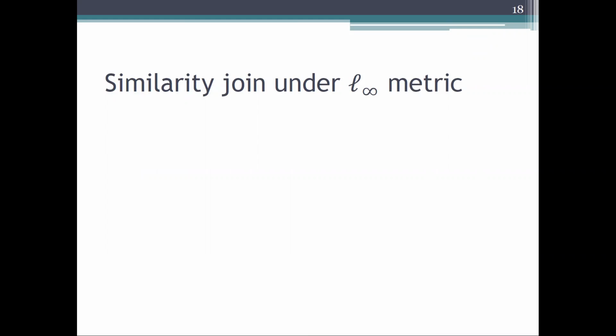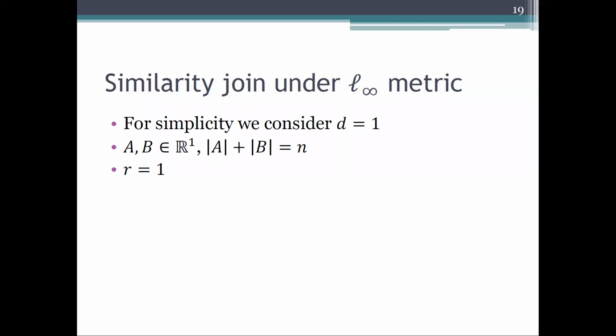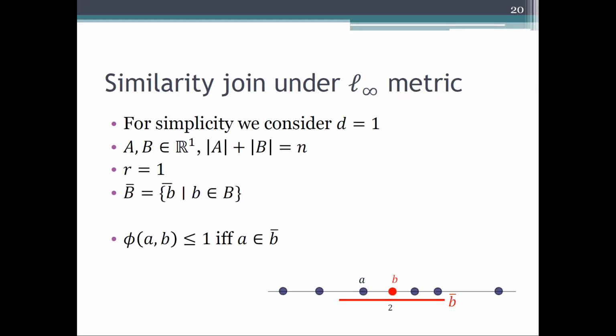Let's start with the exact similarity join under the L infinity metric. For simplicity, we consider that the dimension D is 1. This is without loss of generality, and all our results can be extended to any constant dimension D. In addition, since the distance threshold R is fixed in the pre-processing phase, we can also consider that R is equal to 1.